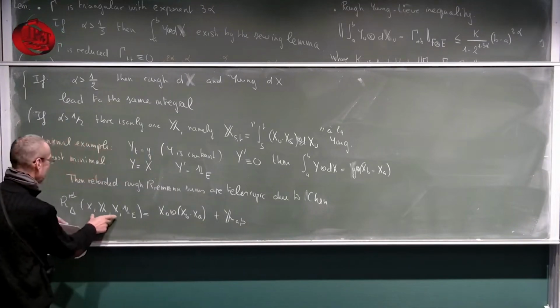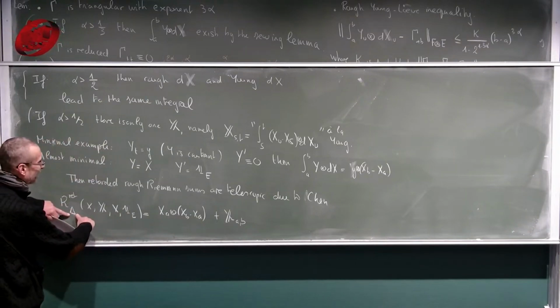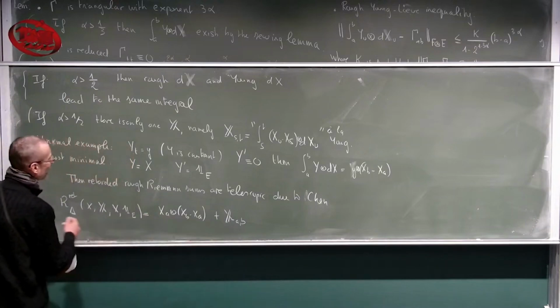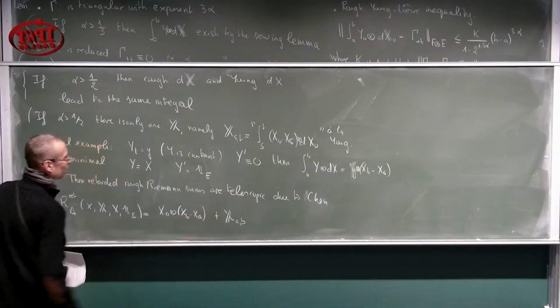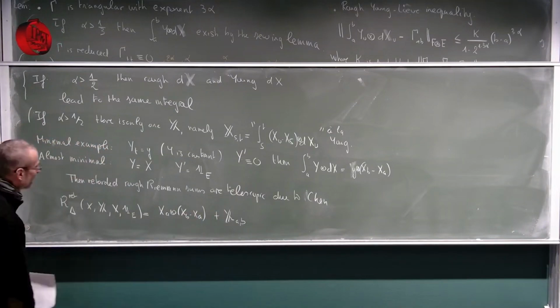It's just one of the sums. If delta is the trivial subdivision, this is exactly the value. And now, whatever the subdivision, it's telescopic, and what you get in the end is Chen's relation, really.